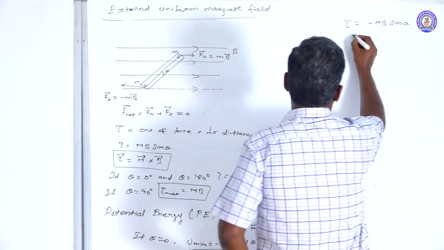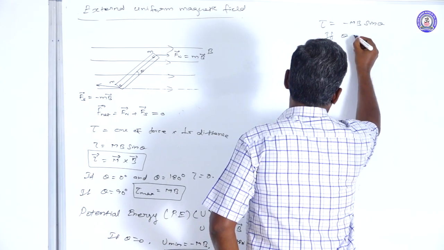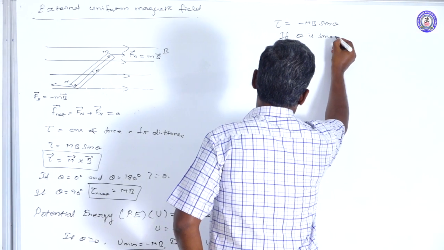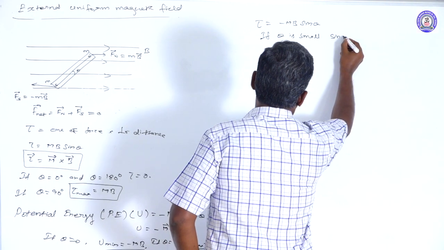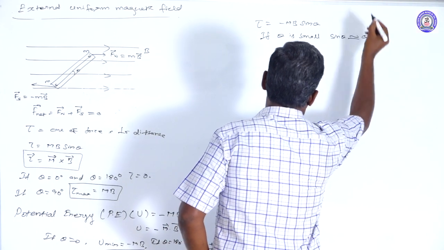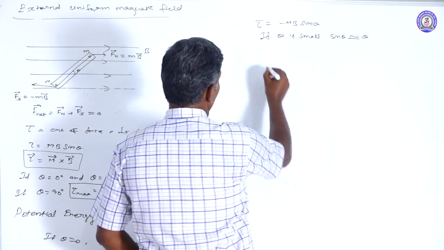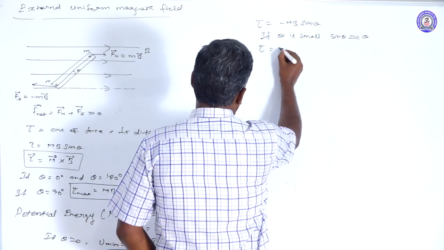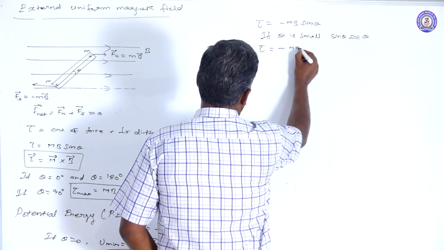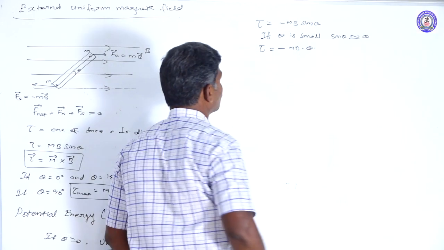If theta is small, sin theta is almost equal to theta, then we can take tau is equal to minus mB into theta.